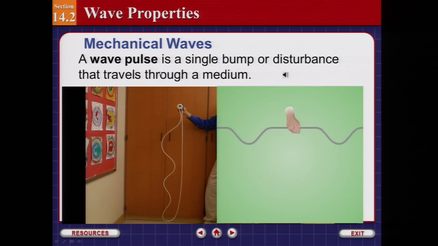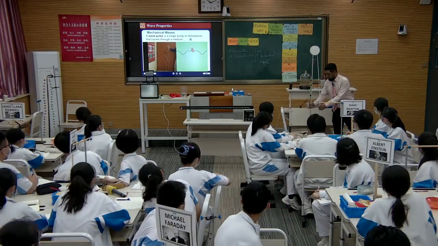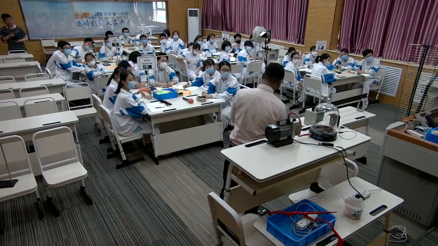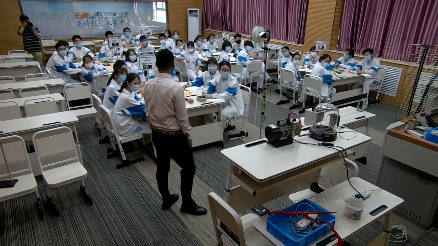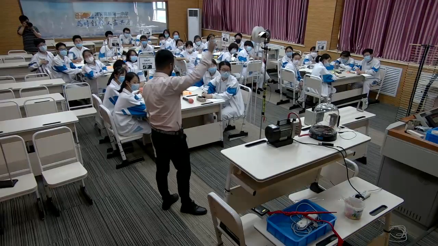Here's another one, the pulse generator. A wave pulse is a single bump or disturbance that travels through a medium. So here is the pulse generator. It's a simple machine. You can see here, right? So the energy is transferred.